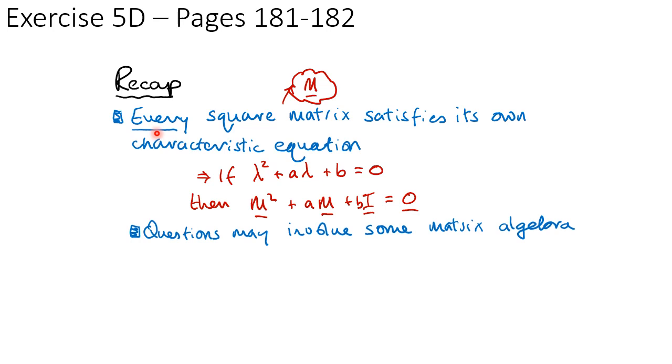And questions of this type often involve some matrix algebra, so it may be that you need to multiply, well, not divide, but multiply both sides of an equation by a matrix or its inverse to get a required form. And we can use the Cayley Hamilton theorem to find inverses, particularly of some 3 by 3 matrices.